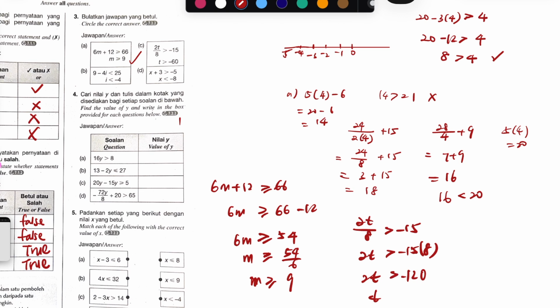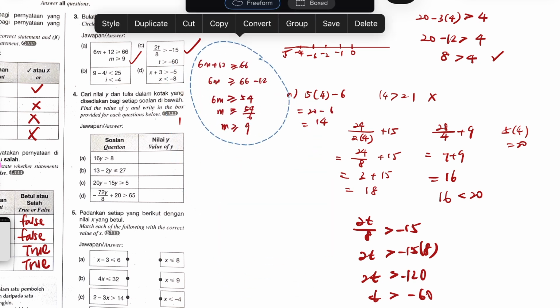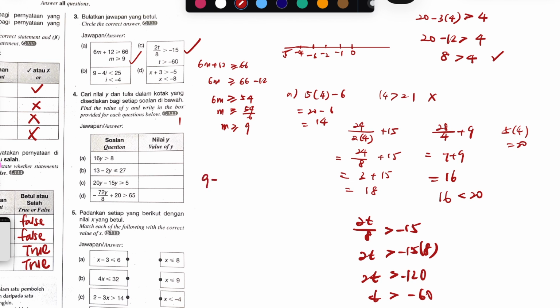So negative 120 divided by 2, t is greater than negative 60. Okay, so C is also correct. Okay, so look at B. Is B correct or not? You have to calculate one by one in order to get the answer. Okay, so for B, 9 minus 4j, is it J or I?